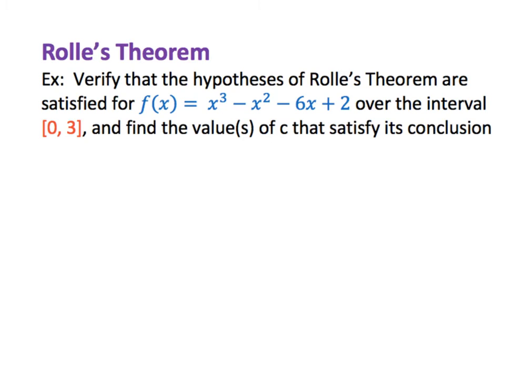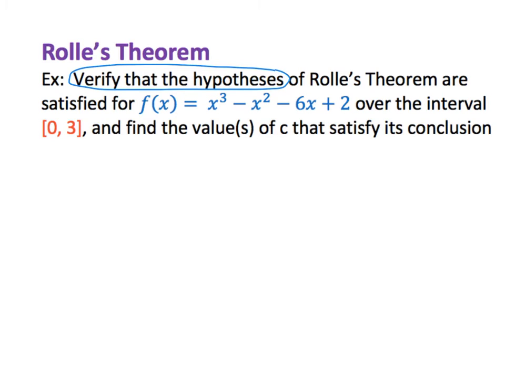Now let's take a look at how to apply it with a function given. Here it says verify the hypotheses of Rolle's theorem are satisfied for the function over that interval, and then find those values of c. A lot of times they will hint to make sure you remember to write down those first 2 hypotheses.